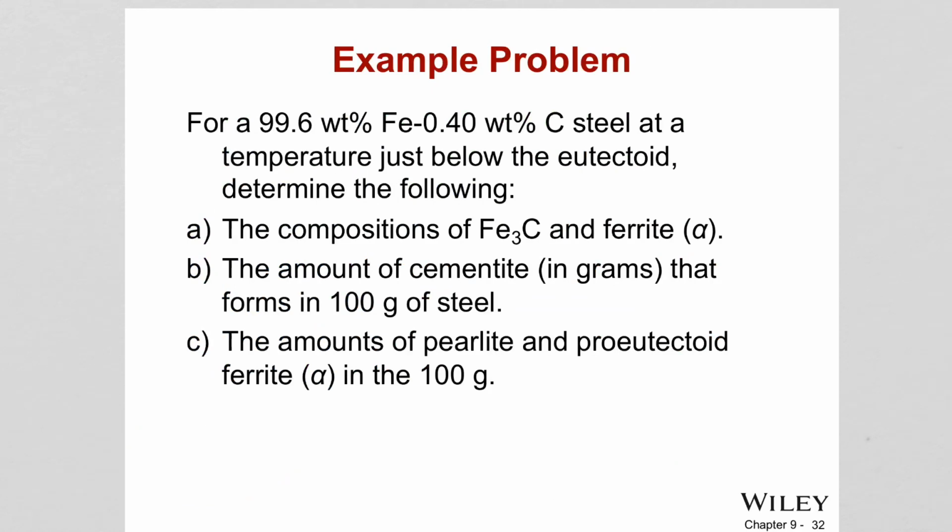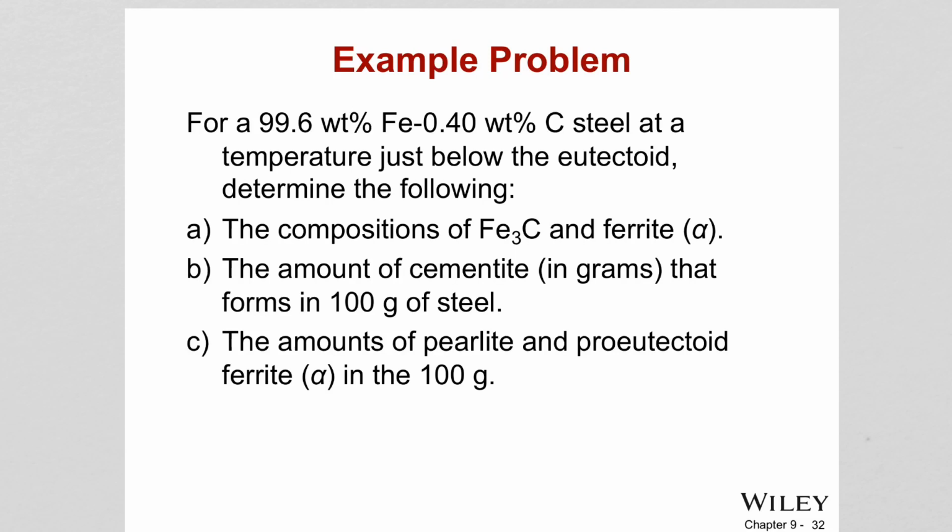Okay, let's look at an example. For a 99.6 weight% iron and 0.4% carbon steel at a temperature just below the eutectoid temperature, determine the following.